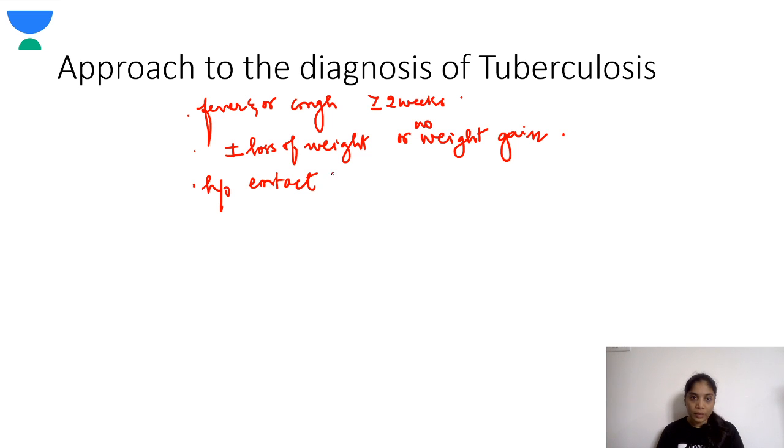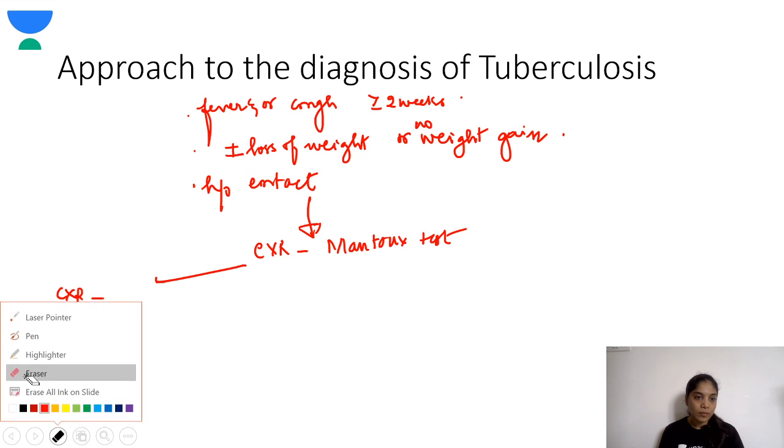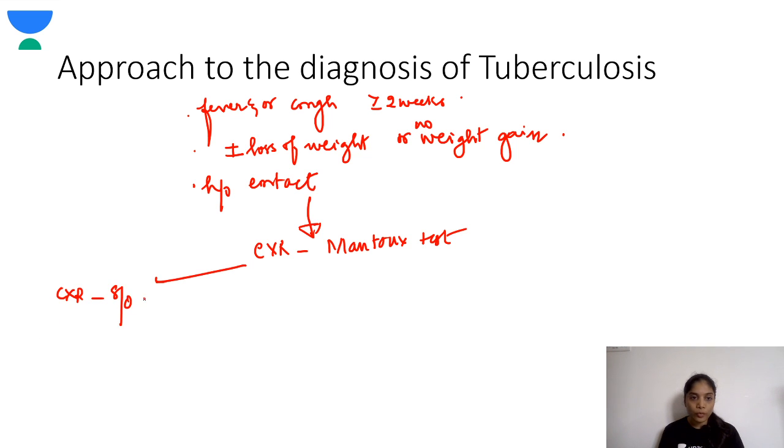Then you get a chest X-ray and a Mantoux test. Now if the chest X-ray is suggestive of TB, then you send the gastric aspirate, you induce sputum, you send for CB-NAT and all that.